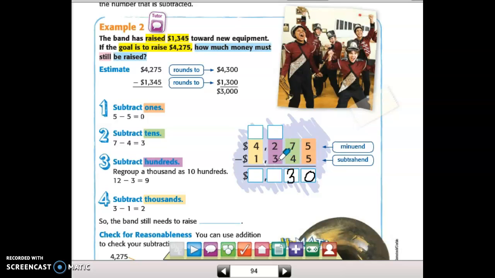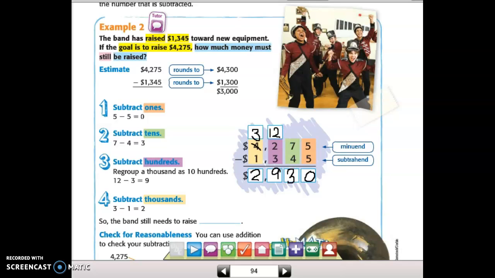Now 2 is less than 3, so I need to go to my thousands place. Borrow 1 from there, the 4 becomes a 3, and the 2 becomes a 12. Now I've got 12 minus 3 is 9, and 3 minus 1 is 2.